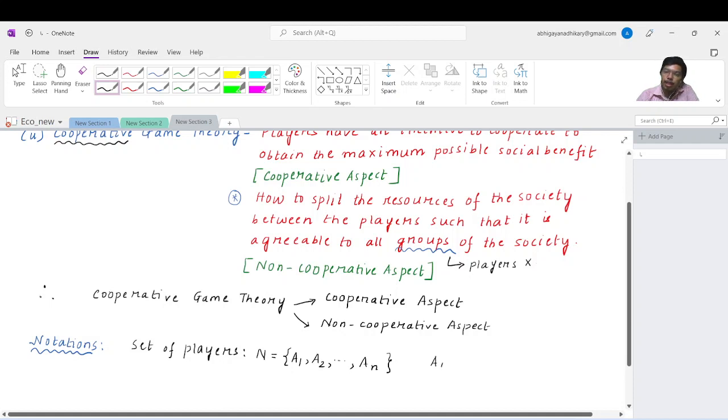So Ai belonging to N is a player. This is the formal definition.